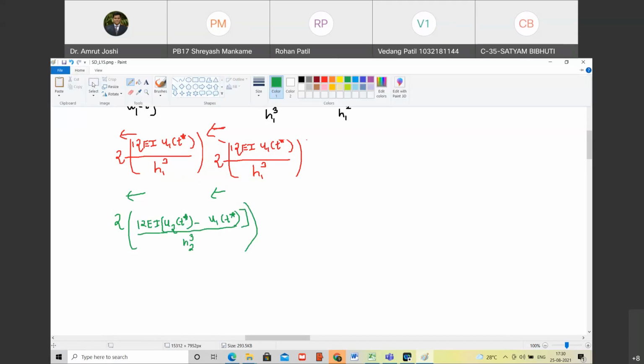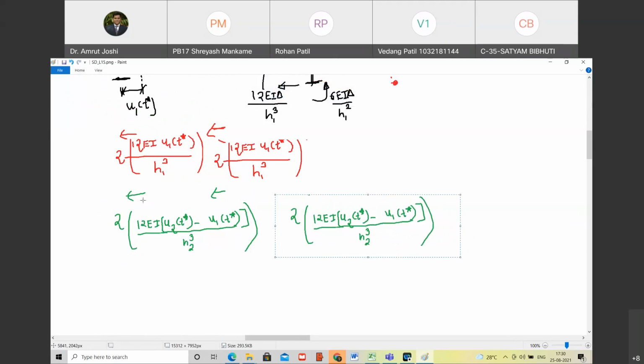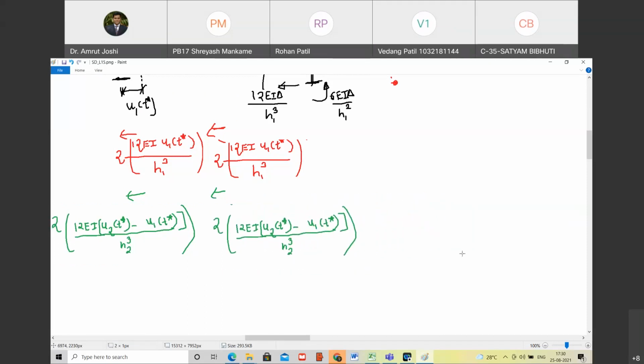And this is each of this green line. So total force is 4 times 12 EI into this quantity. Happy? Yes, sir. So let me do it properly. Chalo. Are you with me?